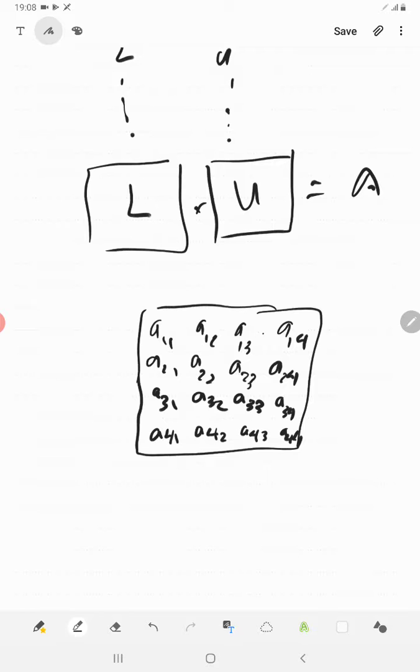Here, if you look at the first elements, this is A11, this is A12, this is A13, this is A14, and so on. This 9 is A22, this 3 is A33, this 5 is A44, and so on.